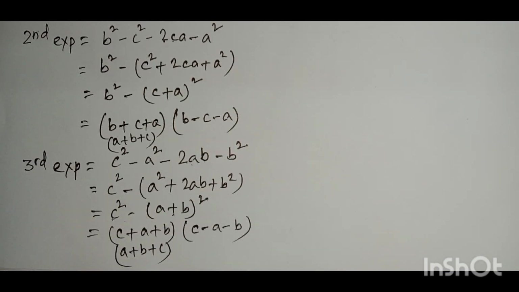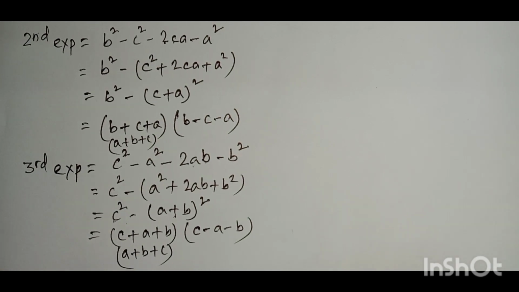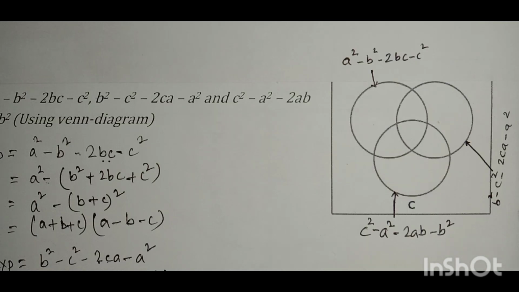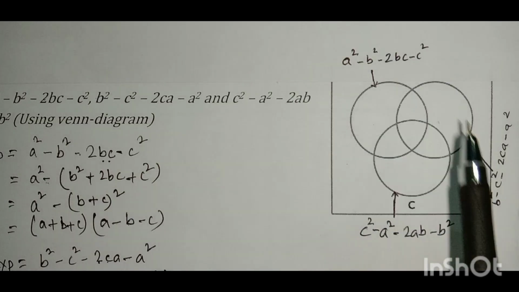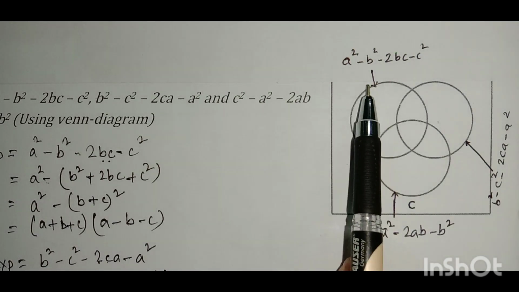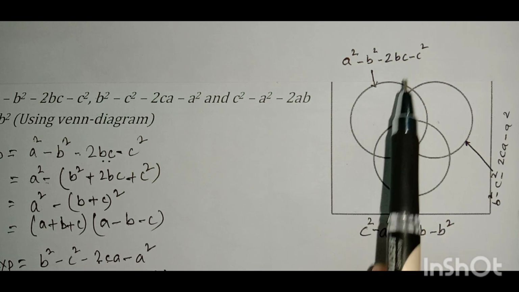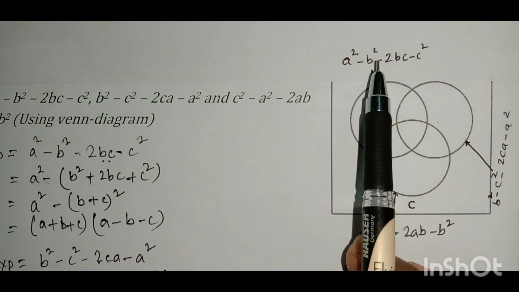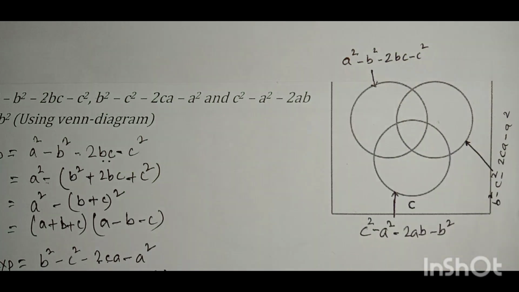Okay, so now let's use the Venn diagram to solve this. Here I have taken 3 circles in the Venn diagram, where the first circle denotes my first expression, this circle denotes my second expression, and this one denotes the third expression.